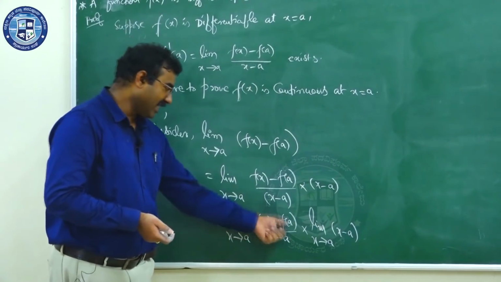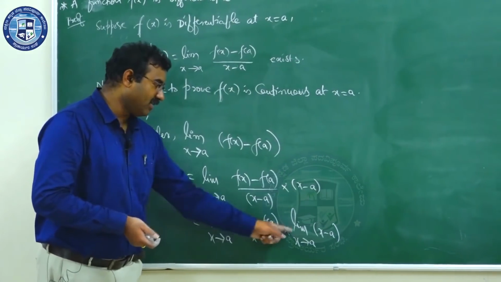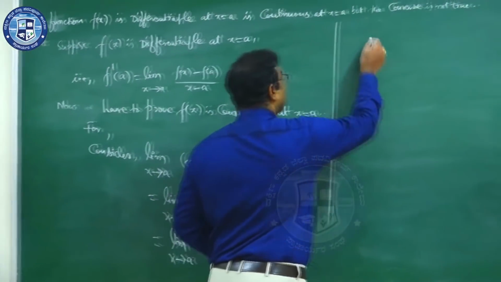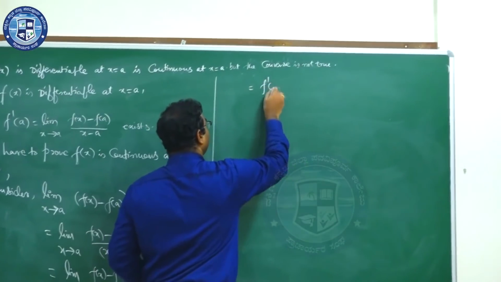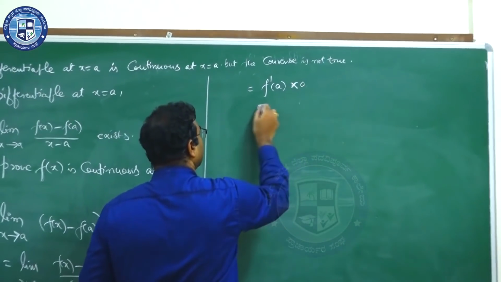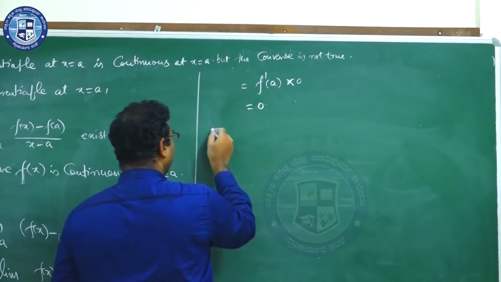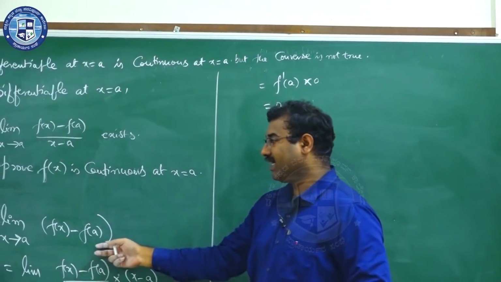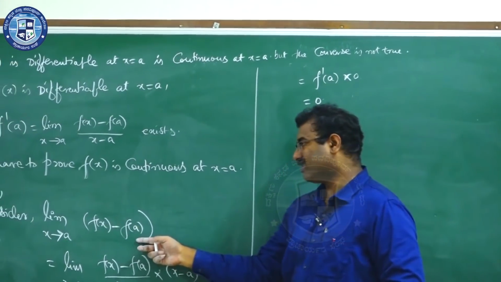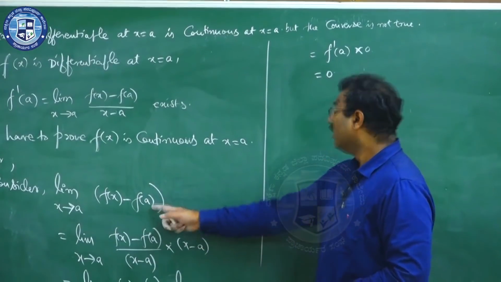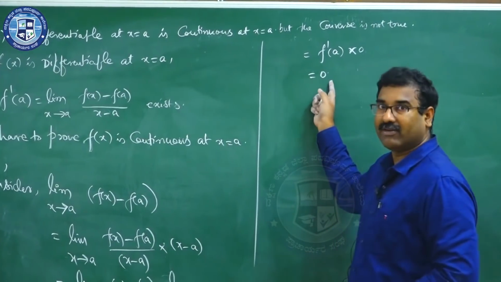Now what we can write from this? f dash of a into 0, so it becomes 0. What we have considered in this place, limit x tends to a, f(x) minus f(a), we got its value as 0, right?